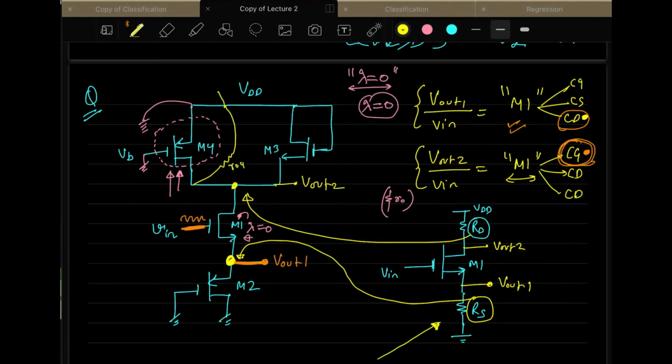This is grounded now, because I'm doing both analyses on the same circuit. So when the gate and drain of M4 are both grounded, the resistance from the drain side of M4 will be RO4.